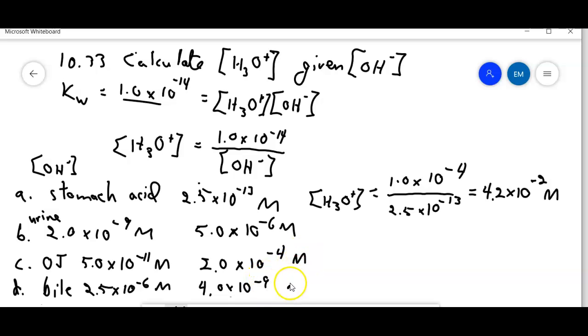These are all molarities. These are all hydrogen ion concentrations.